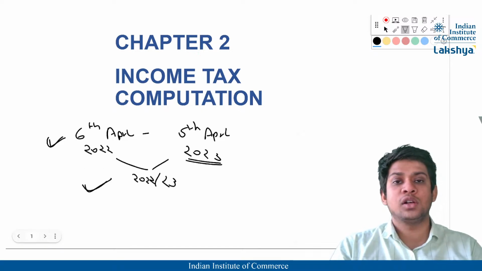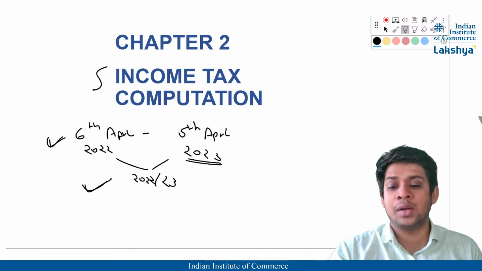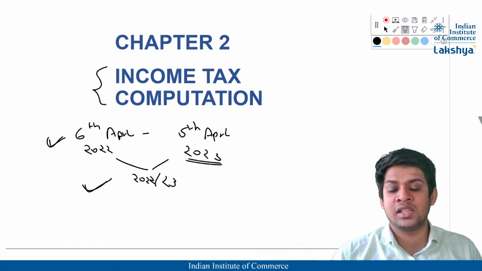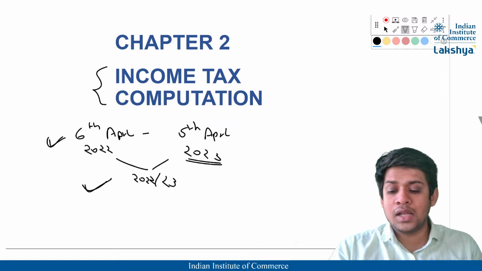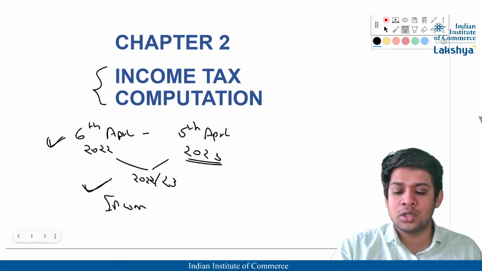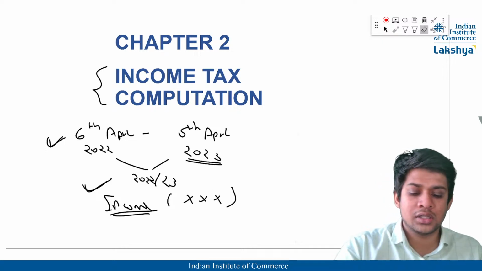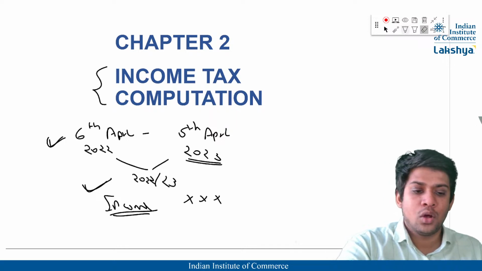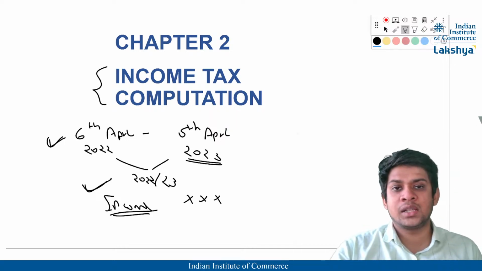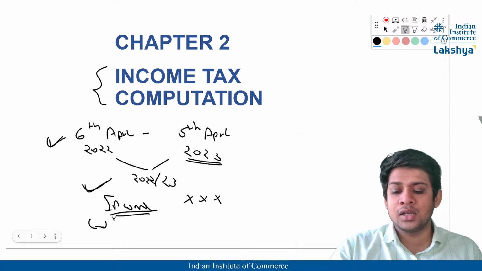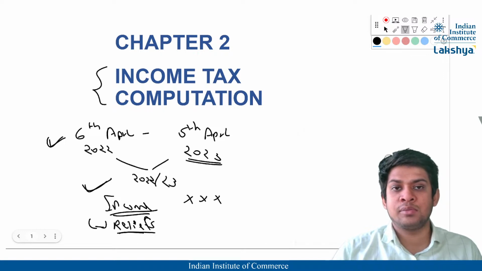Now all the incomes of an individual. This is the income tax computation of an individual. Always remember that. All the incomes of an individual that have been received during the year, just mention it like this, minus all the reliefs that he is getting for any payment that he has made towards charitable contributions or anything.